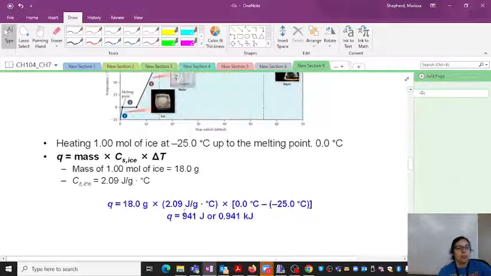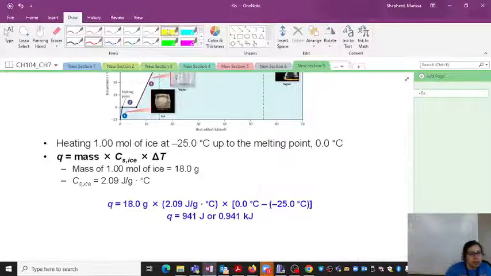Let's start that. First step is to heat our 1 mole of ice at negative 25 degrees Celsius to our melting point.